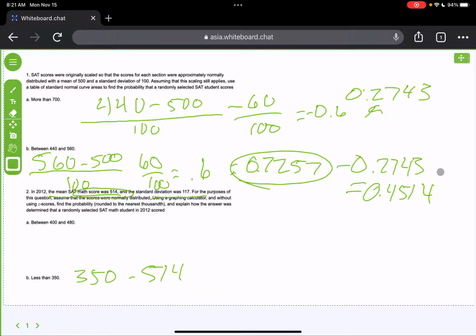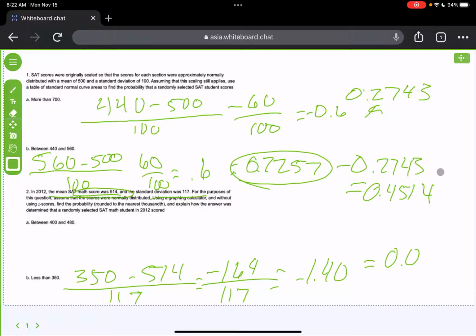Standard deviation is 117. So 350 minus 514 is a negative 164 over 117. And that is equal to a z-score of negative 1.40. Now if you go look at your z-chart, that should tell you the probability is 0.081.